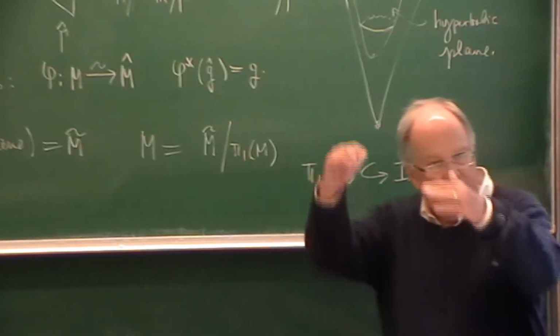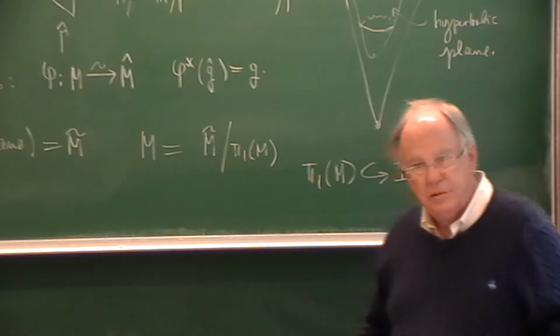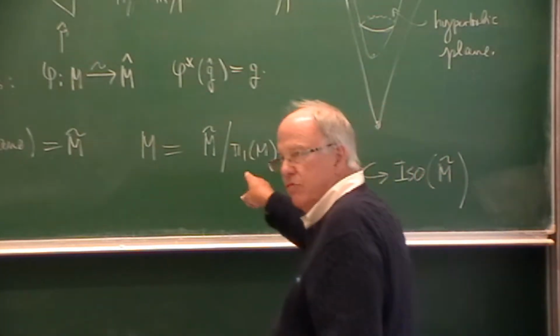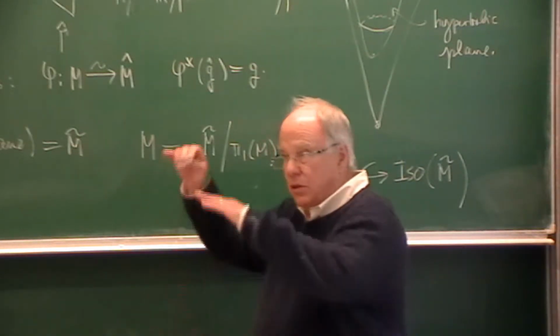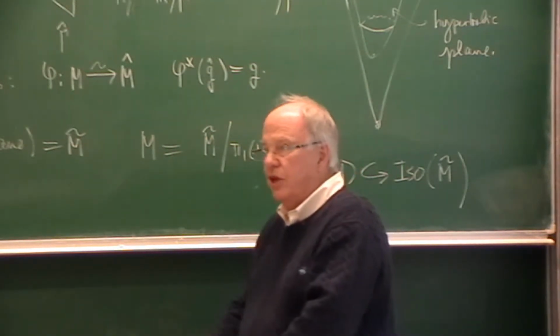Yes, it's acting by metric preserving mappings, and it's discrete because it's a covering transformation. You all had a little bit of homology, so you should know this. Yes, these are the deck transformations.